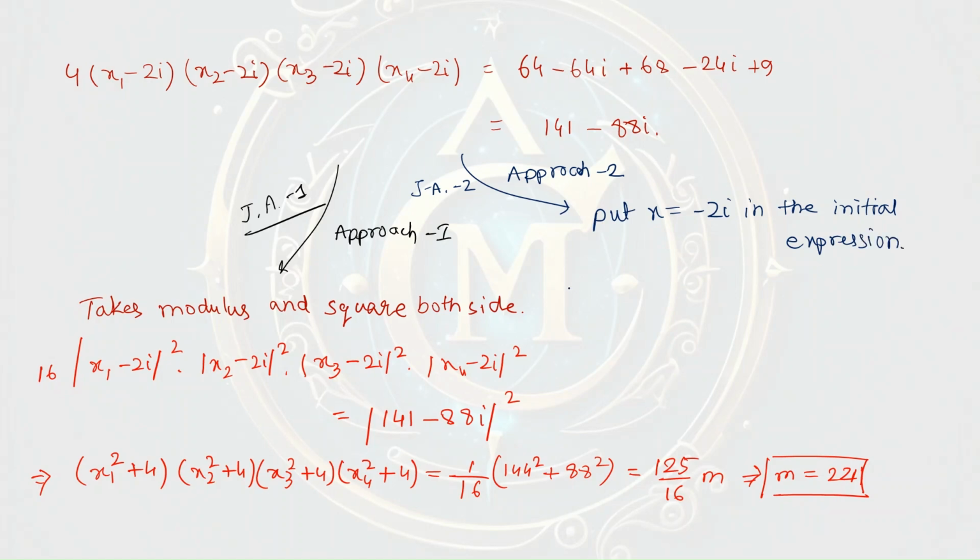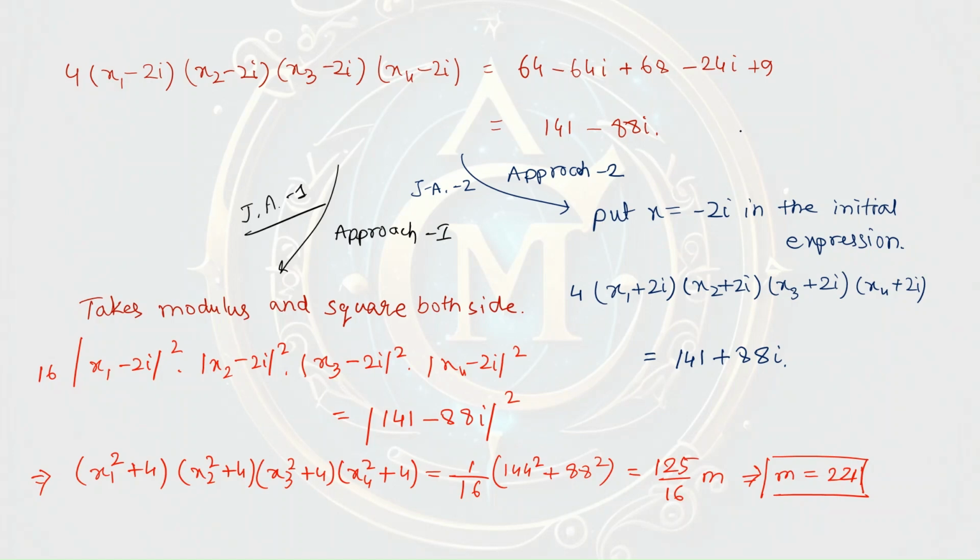So he or she gets 4 times (x1 plus 2 iota), then (x2 plus 2 iota), then (x3 plus 2 iota), then (x4 plus 2 iota) equal to similar as 141 plus 88 iota.